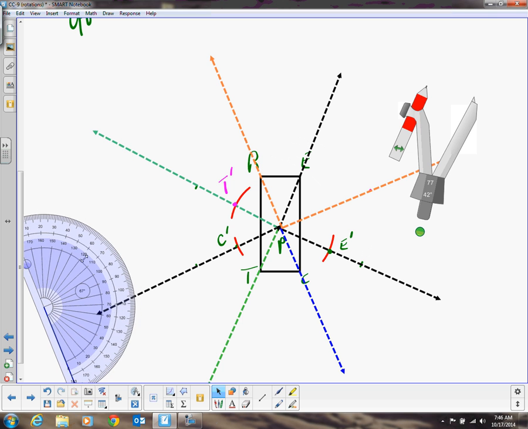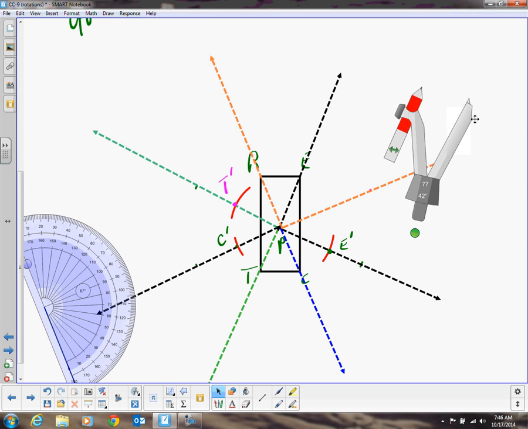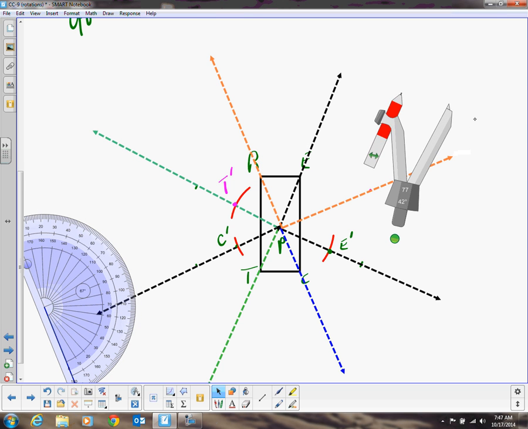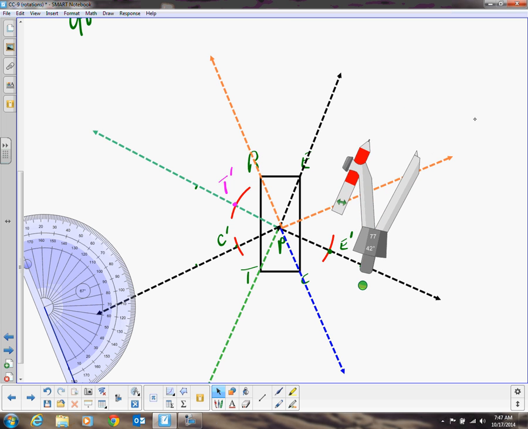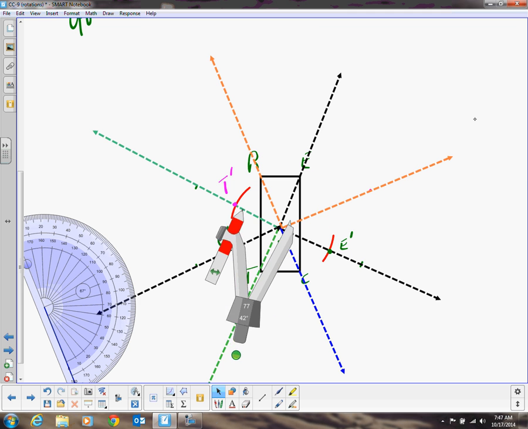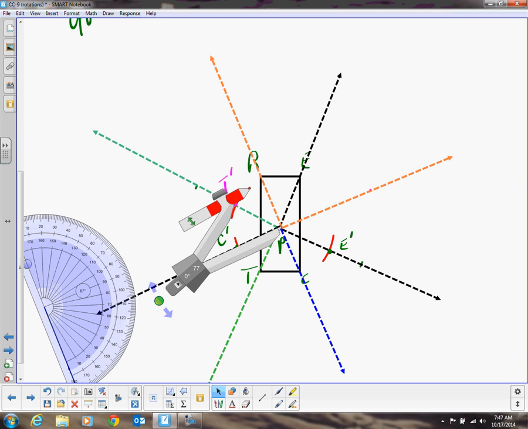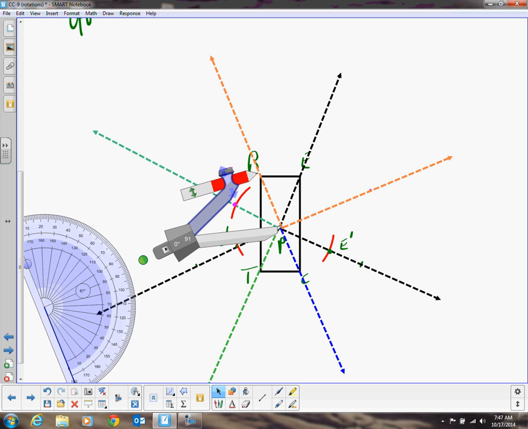Now what do we do? Where do I put my compass point? On P. Where do I put my pencil point? On R. Alright, and then where do I want to make my arc?